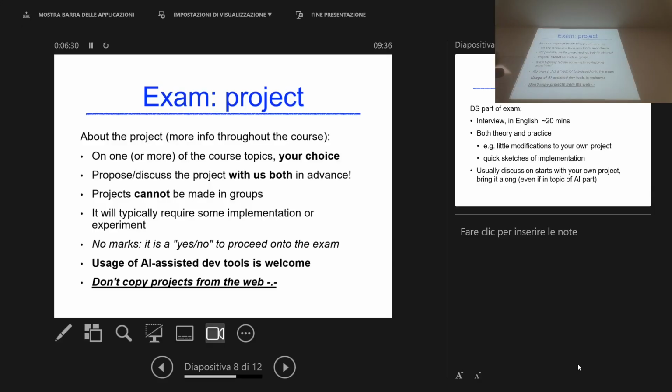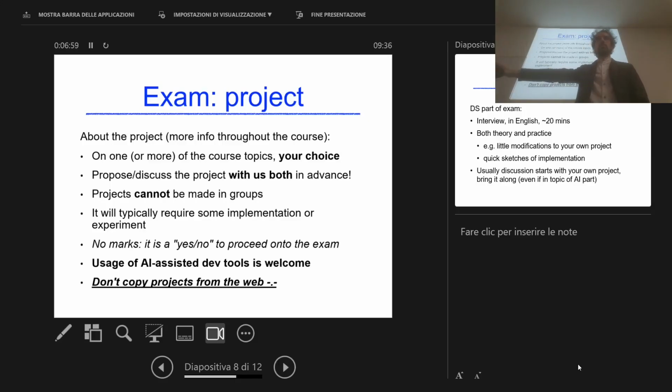Last 2 points. Yes, if you want, you can use any kind of AI-assisted tool for programming, it's fine. You can write the programming with ChatGPT or GitHub Copilot, whatever, I don't care. This is not a programming course, so I don't care if you don't know the fundamentals of programming. If you can assemble a reasonable project and you know what you're doing in the project, okay. I don't care if you are not using the functions of the scikit-learn library in the best way possible.